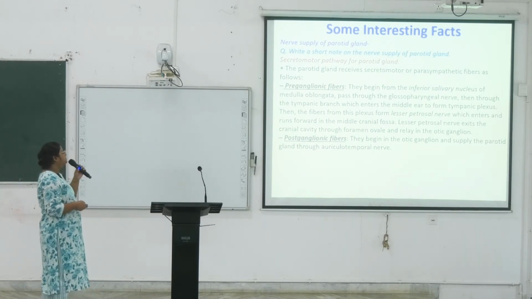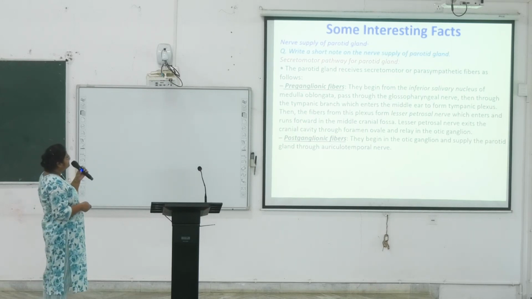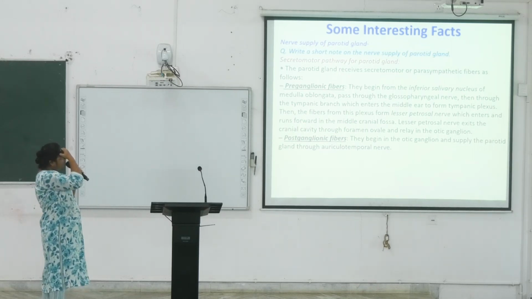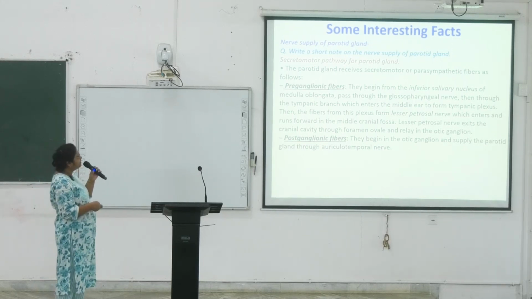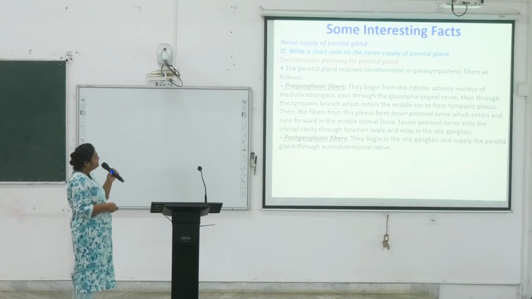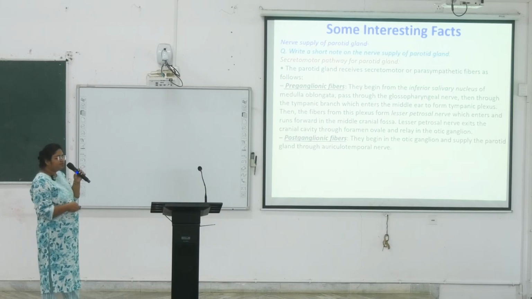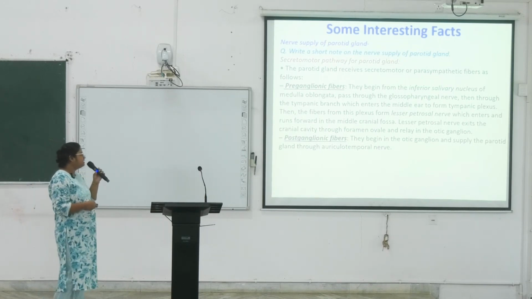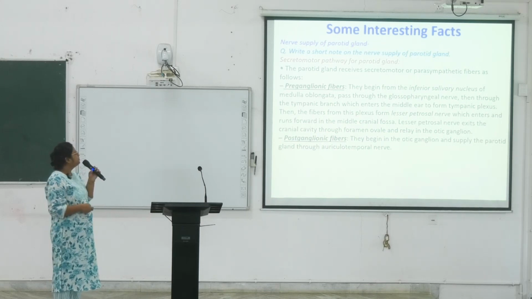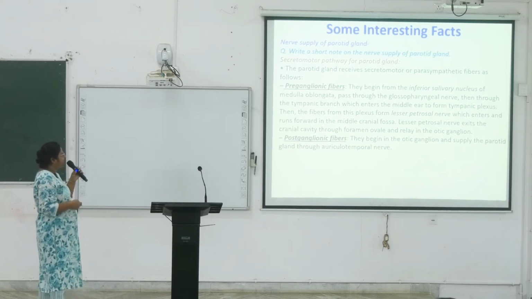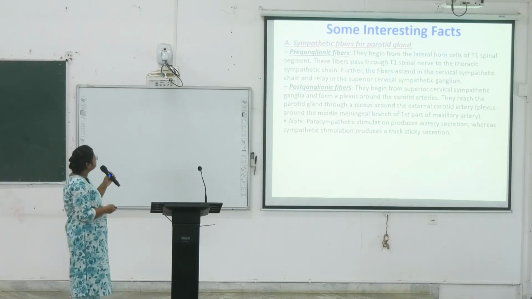Fibers from this plexus form the lesser petrosal nerve, which runs forward in the middle cranial fossa and exits the cranial cavity through the foramen ovale and relays in the otic ganglion. Postganglionic fibers start from the otic ganglion and supply the parotid gland through the auriculotemporal nerve. So this is the parasympathetic or secretomotor pathway to the gland.